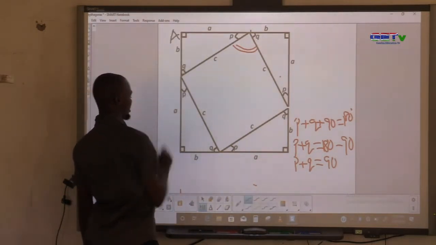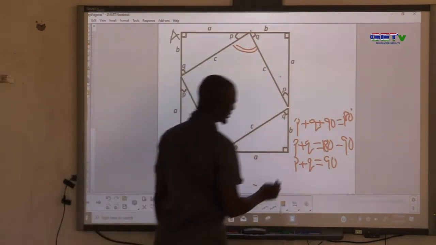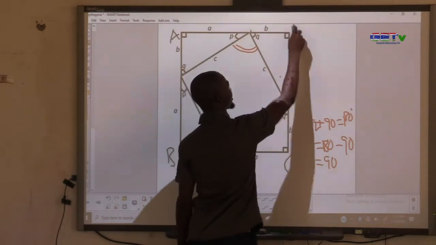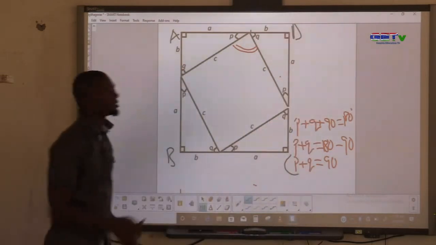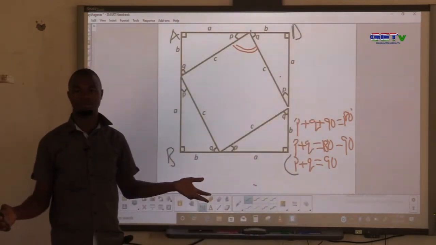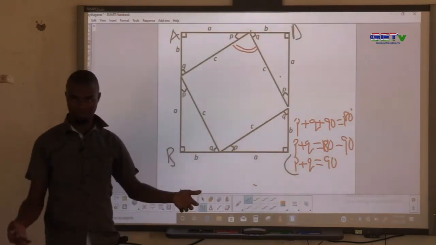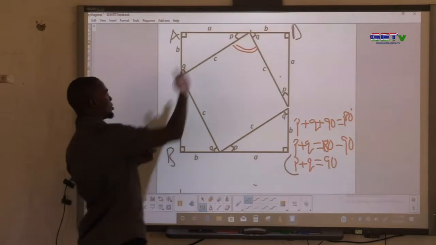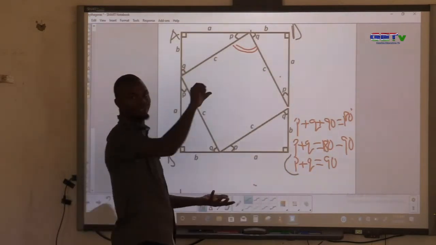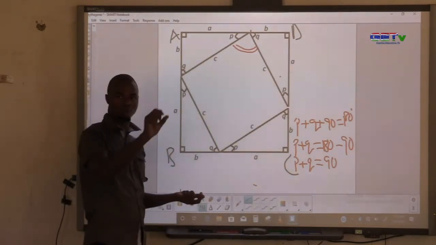If I label them, this is A, B, C, and D. This is a square, because each of the sides is A plus B. Now, inside also, we have a tilted shape which we proved to be a square.